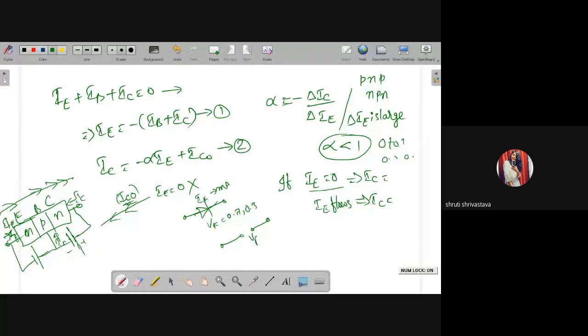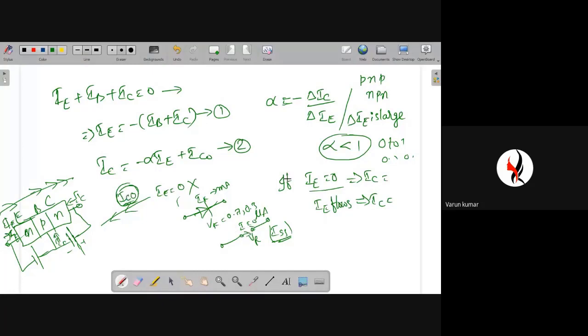Suppose the same PN junction is reverse biased: ideally there will be 0 current, but practically there will be some reverse saturation current flowing through the diode in the reverse direction, not from P to N. P to N is the forward current direction, whereas N to P is the current direction when it is in reverse bias. That N to P current is nothing but your reverse saturation current, IS, in the diode.